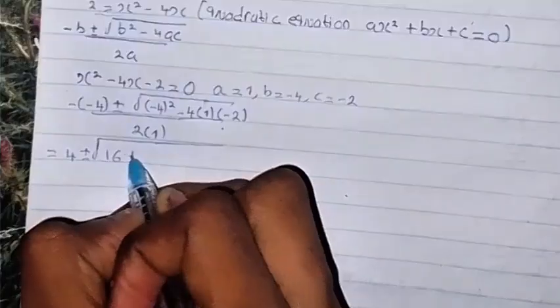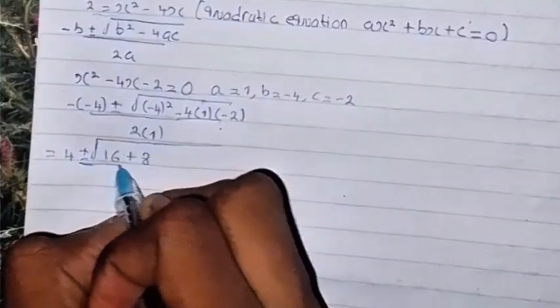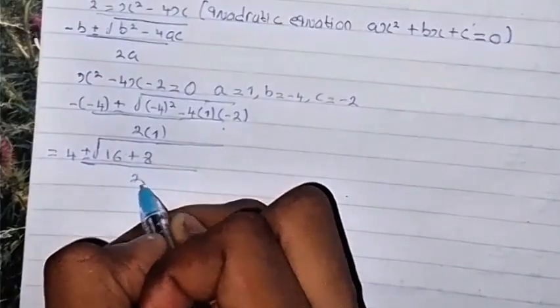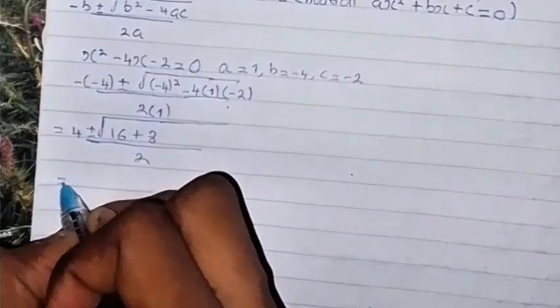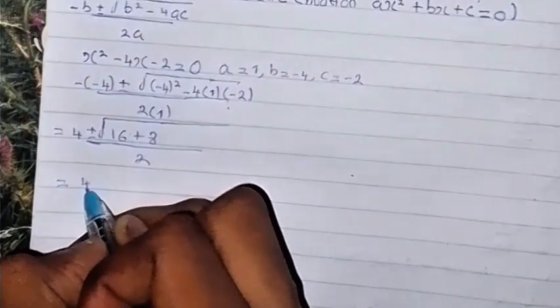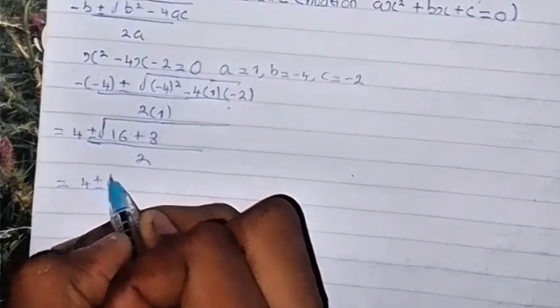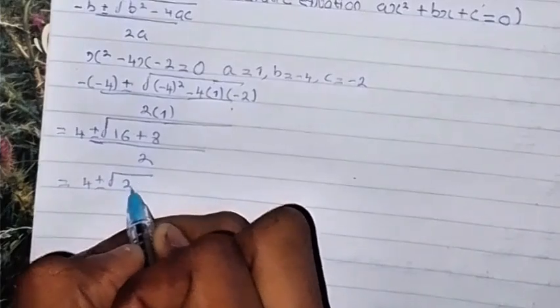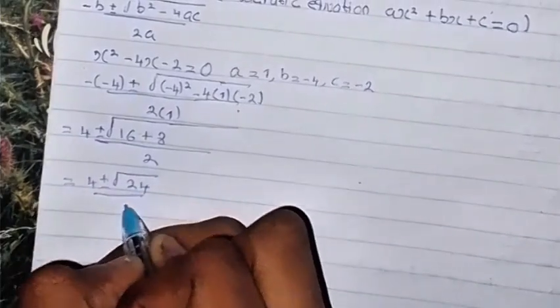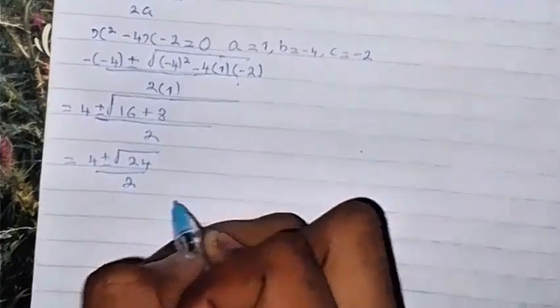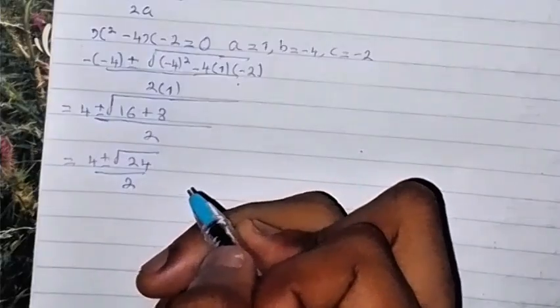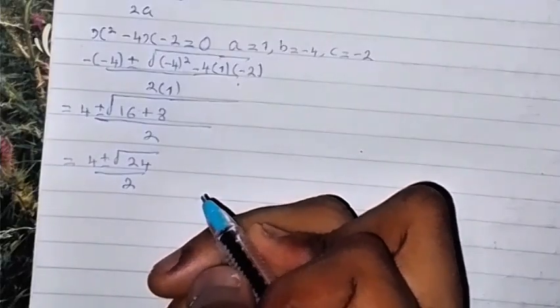That gives us plus 8. Divided by 2 times 1 remains 2. So this is now equals to 4 plus or minus square root of 16 plus 8 gives us 24 divided by 2. Now, this could be our final answer, but we can break it down into simpler terms.